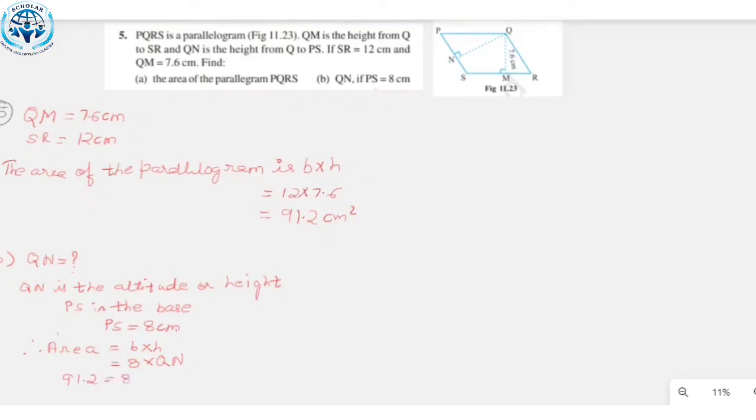Height is QN. 91.2 upon 8 is the value of QN. Solving this, we get the value as 11.4 centimeter.